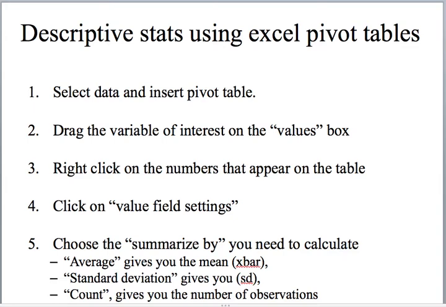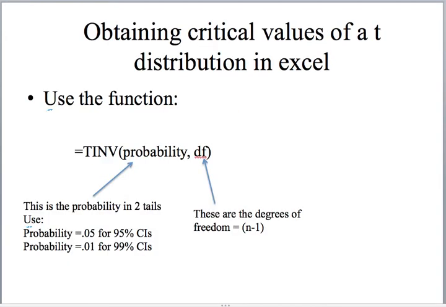Similarly, for the value of t that you need for your confidence interval, you will use a function called t inverse, where you would just plug in the probability that you want and the degrees of freedom. The probability that you plug in here depends on the confidence that you want. If you want to be 95% confident, you will choose 0.05 there.